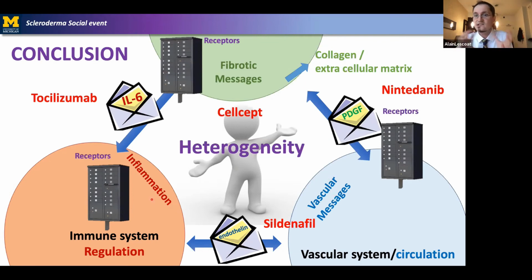This explains the very complex mosaic, or heterogeneity, of the disease. In all patients there is a little bit of each of these messages, but in some patients some of these messages are really in excess. And this explains why some have fibrotic manifestations, others more vascular manifestations or inflammatory manifestations.